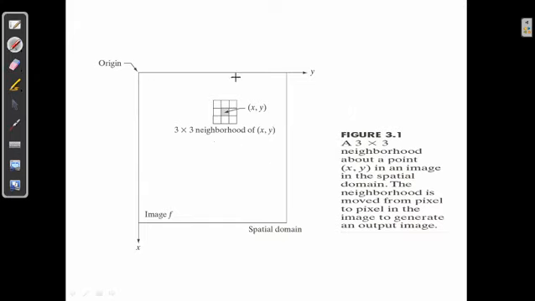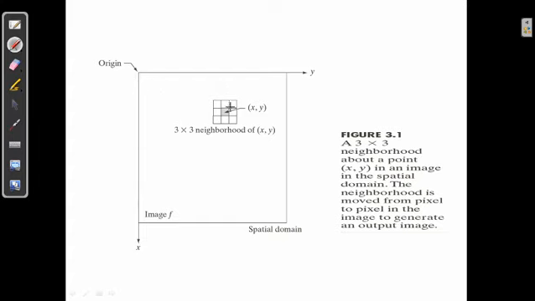So this is the image. As you know, it consists of two coordinates. One would be the x coordinate and the other would be the y coordinate. From now onwards you will be treating this as the y coordinate and this as the x coordinate. It is made up of rows and columns.